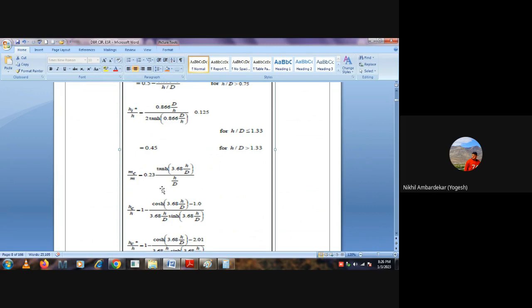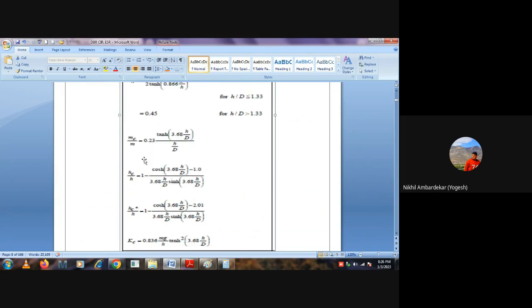What does it state? mc upon m is equal to 0.23 tanh(3.68 h by d) divided by h by d. Here also the only unknown factor is the convective mass. So these are the different formulas.